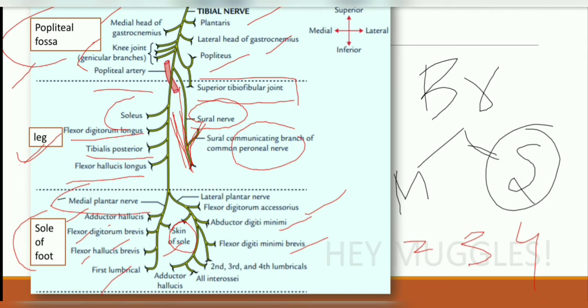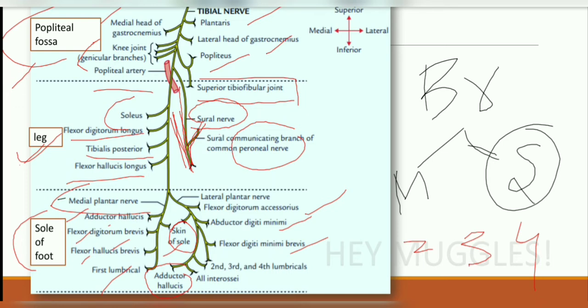What is interossei? Interossei refers to the muscles between bones, and there are many interossei in our body. It is basically the muscles that are present between certain bones. Then it supplies your adductor hallucis, right?